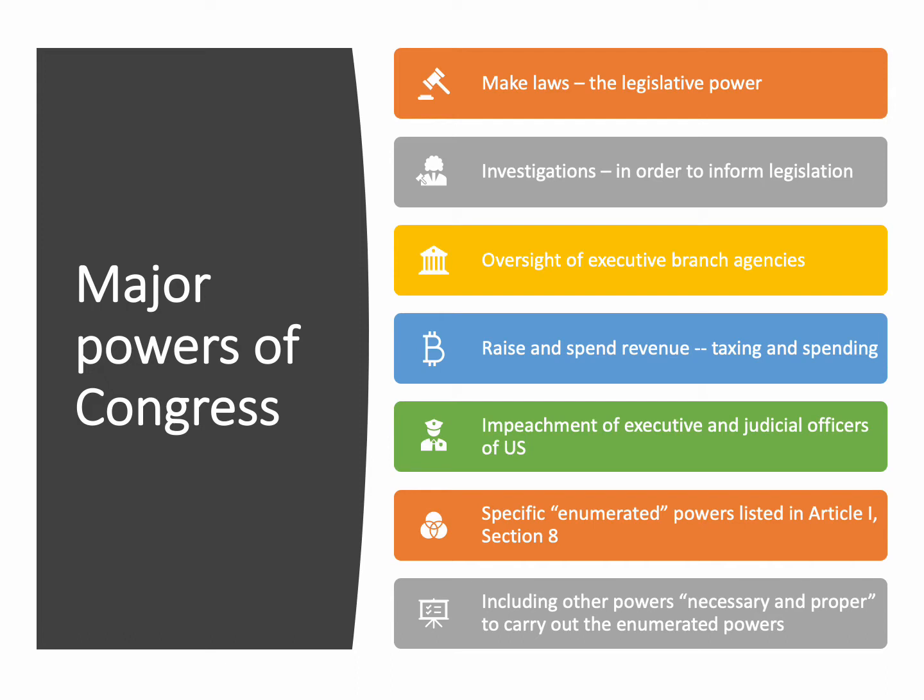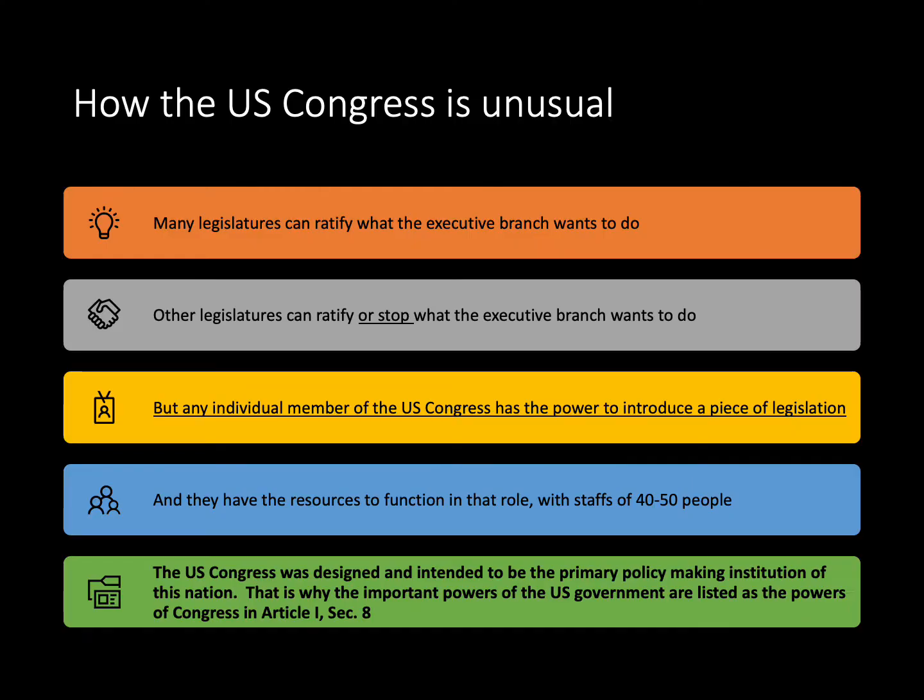So, for example, if it says that Congress has the power to tax, then it is also implied that they might have the other powers necessary for the power to tax, such as the power to make it a crime to not pay your taxes, the power to arrest you, etc. Or, as I indicated, that they have the power to investigate. That's an implied power that is necessary and proper to carry into effect their ability to legislate.